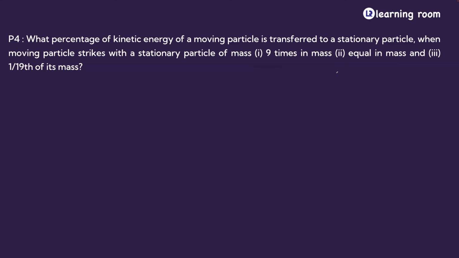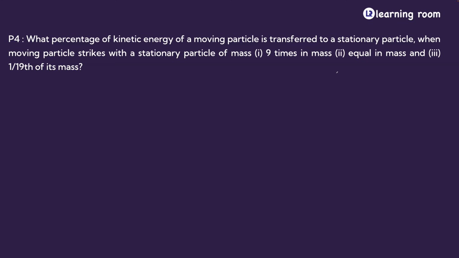So the next question is, what percentage of kinetic energy of a moving particle is transferred to a stationary particle when the moving particle strikes a stationary particle of mass 9 times in mass, second equal in mass, and third 1/19th of its mass?